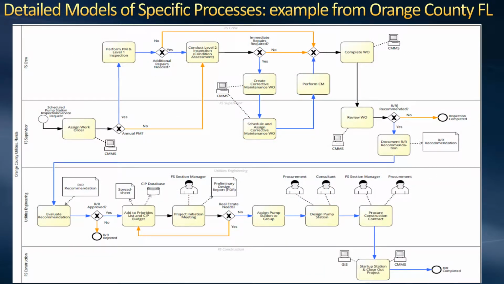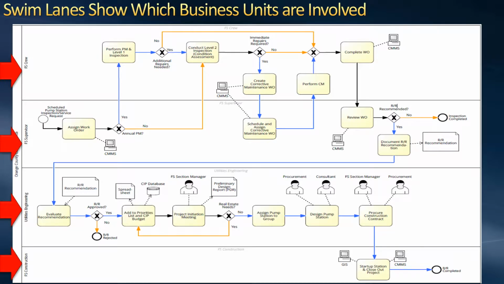This is an example of a business process model that was developed by Orange County in BPMN 2.0 format. Using a representation called swim lanes, the model documents which business units are involved in the execution of the process. The activities within a swim lane are performed by the same business unit.